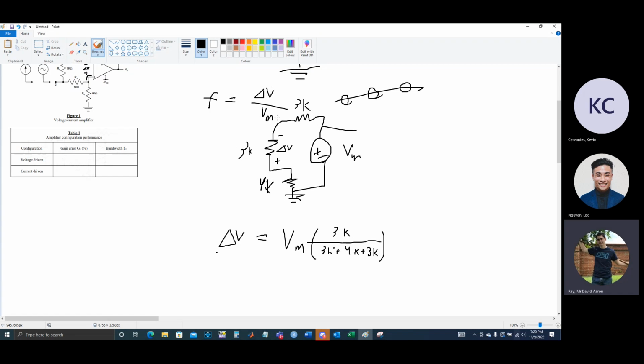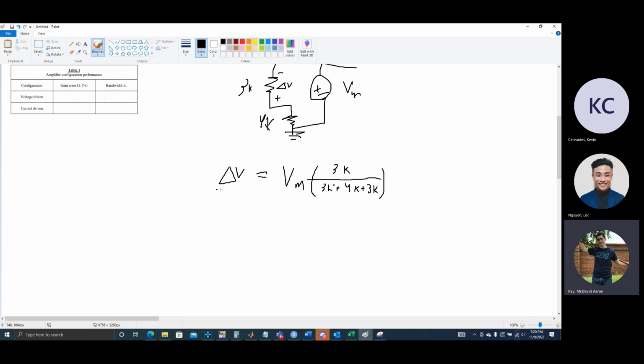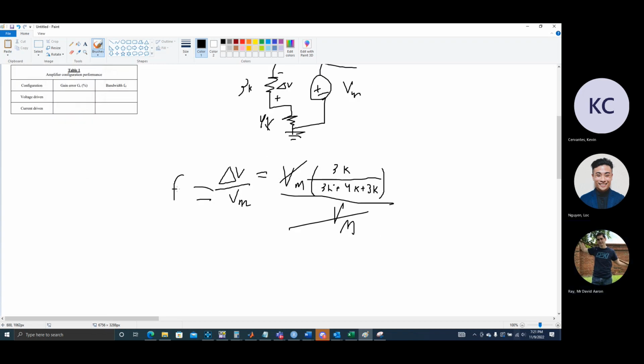And then since we're looking for change in V over VM, we're going to divide both sides by VM. And then that is going to cancel out your VMs. So VMs go away and you got your F. So F is going to equal 3 over 3 plus 4 plus 3.